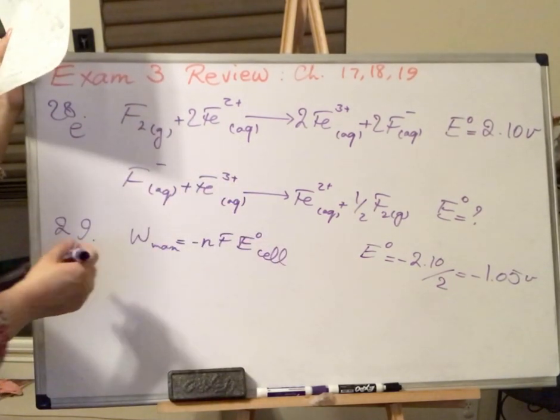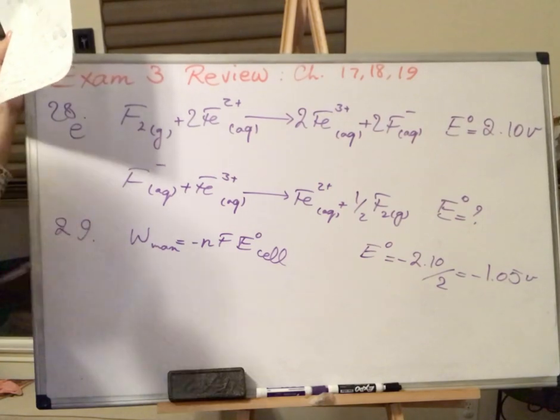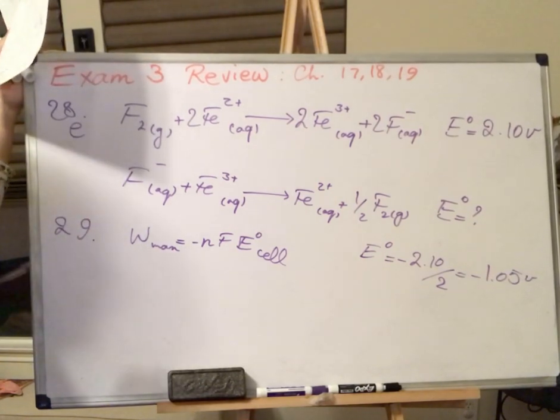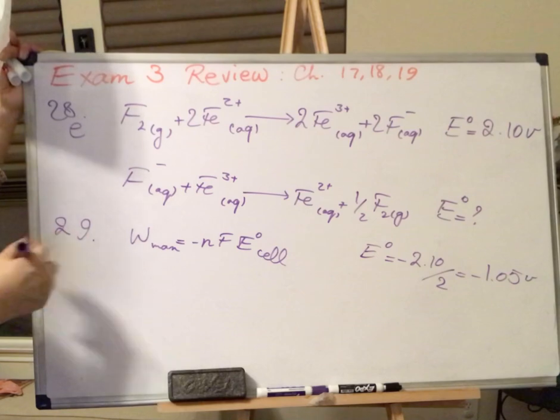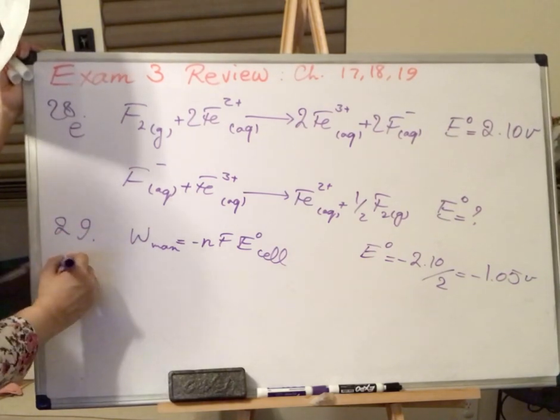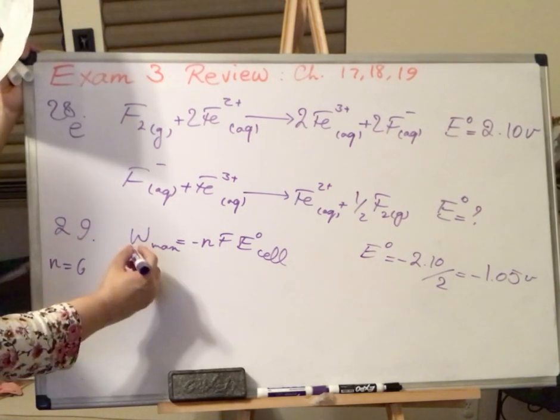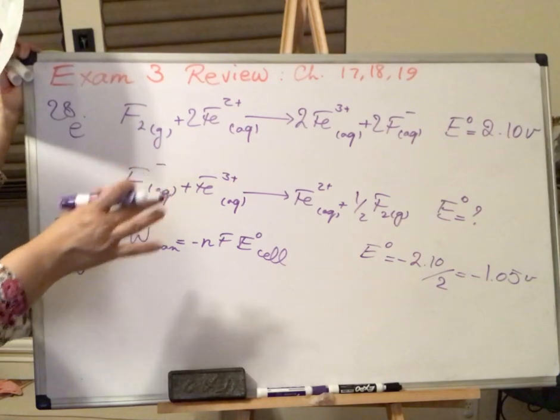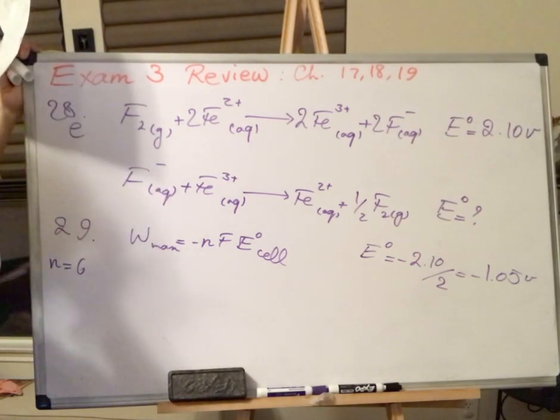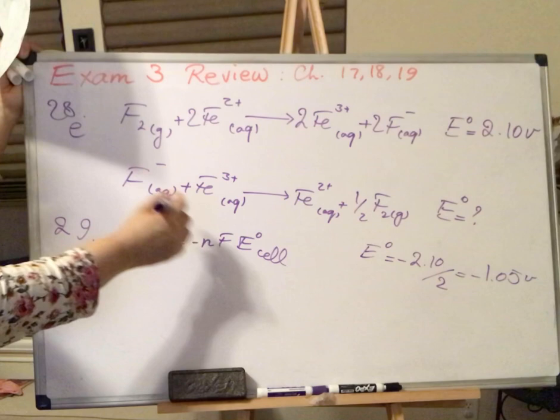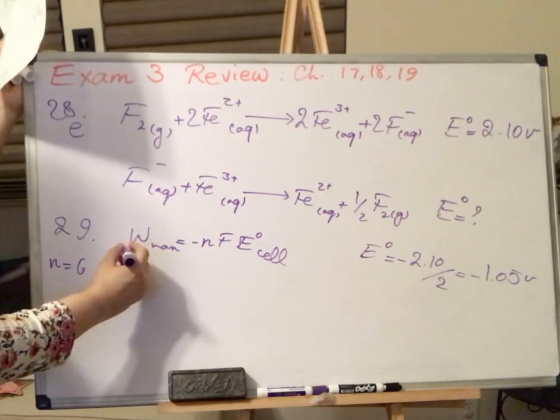And if you do the balancing for this reaction, break it to 2 half reactions, n is going to be 6. Then I want you to definitely do that half reaction method balancing. Then you will find it out.